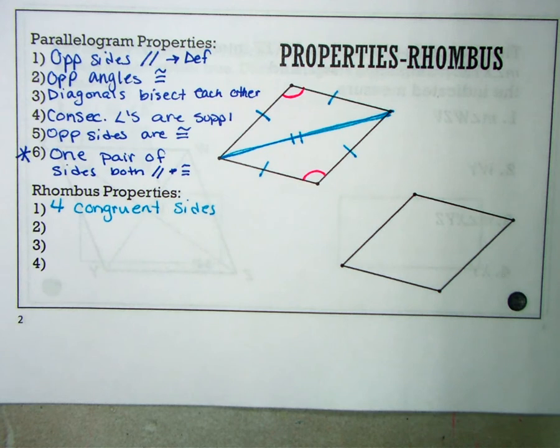Okay, and I'm not going to ask you to do proofs. I'm not asking you to do any proving. I just need you to understand where these properties are coming from, and I'm not just pulling them out of the air. Like, this seems like a good one. Pluck. And I write it down. Okay, it comes from somewhere. So these 2 triangles are congruent, which means now I can say whatever I want. I can say anything I want that's left over. So what I want to say is I want to say something about this guy right here.